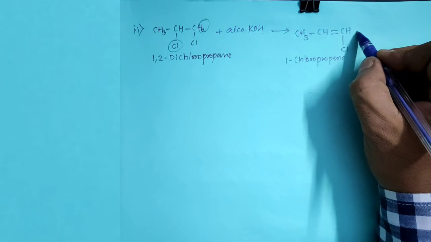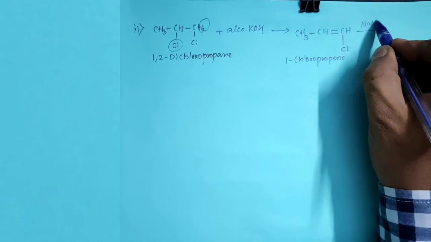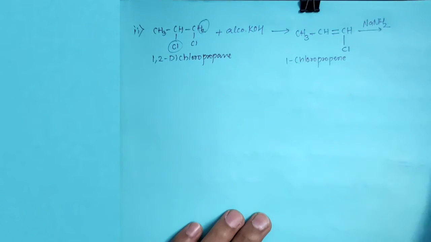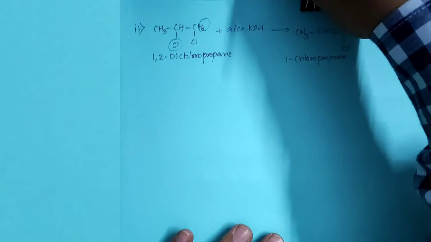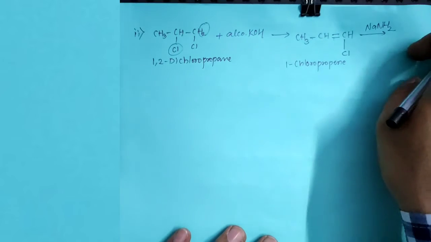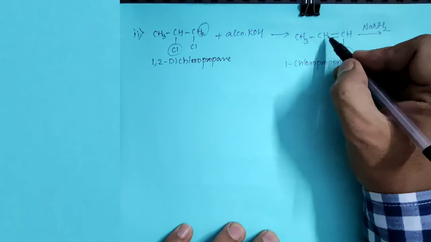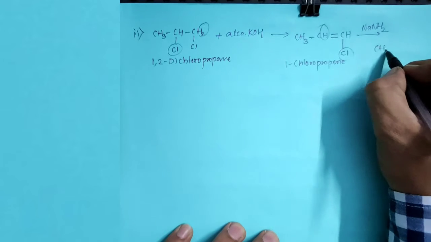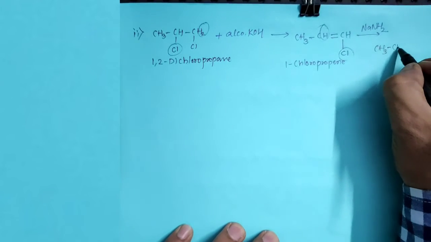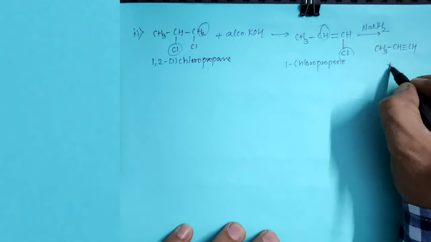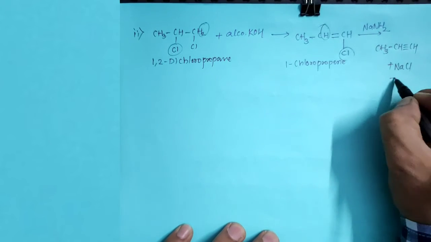Now we have to treat with sodamide, NaNH2. The product will form as, again halogen and beta hydrogen will be removed, plus NaCl plus ammonia.